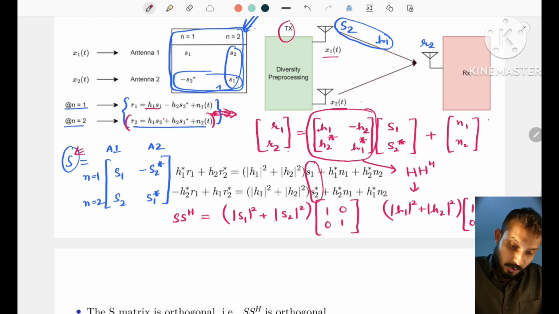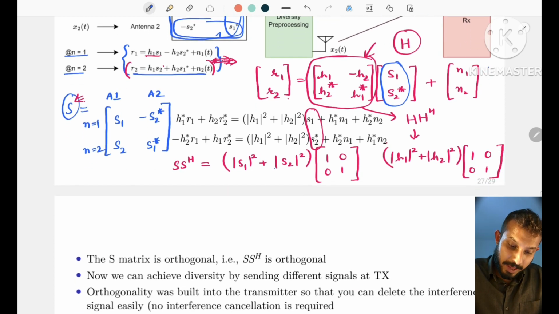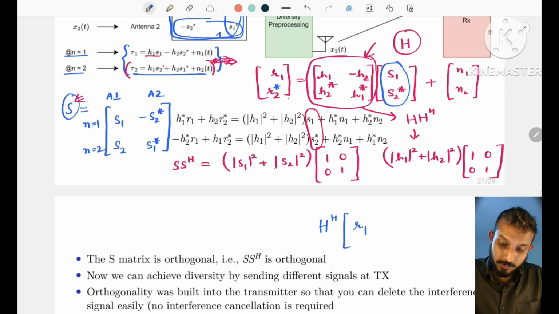And when this is orthogonal, so H is basically orthogonal, and we know when H is orthogonal, we can easily detect these two symbols S1 and S2 conjugate by directly multiplying H Hermitian with R1. So this should be conjugate R1 and R2 conjugate.